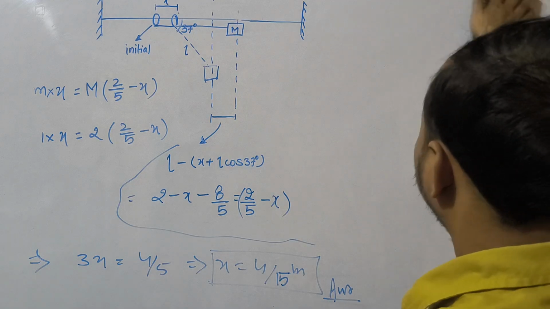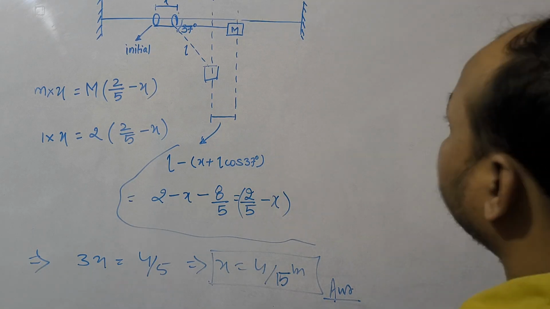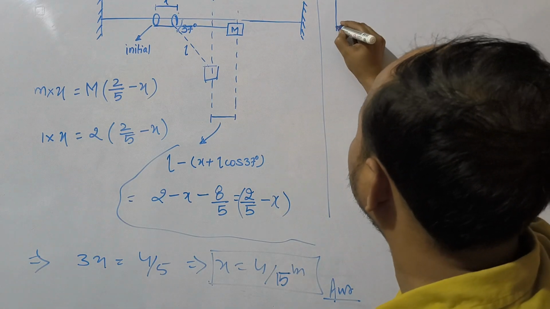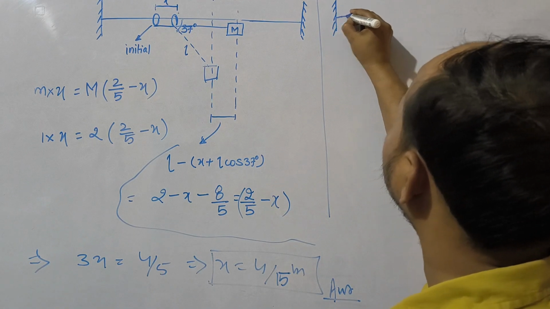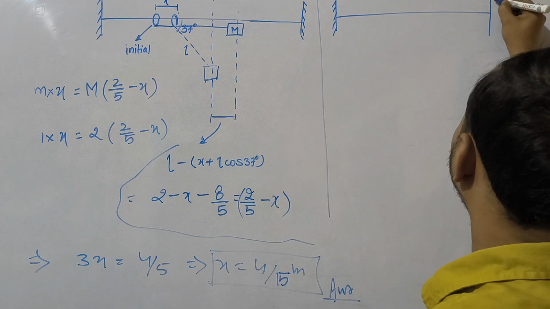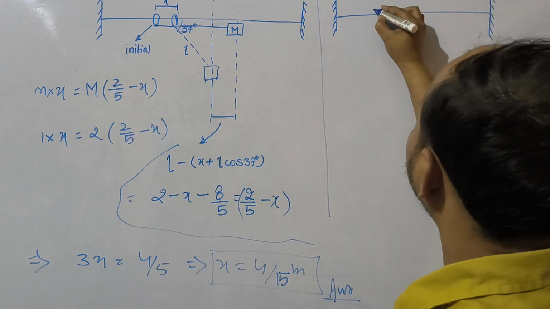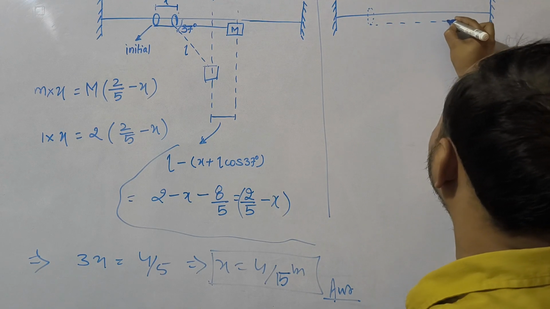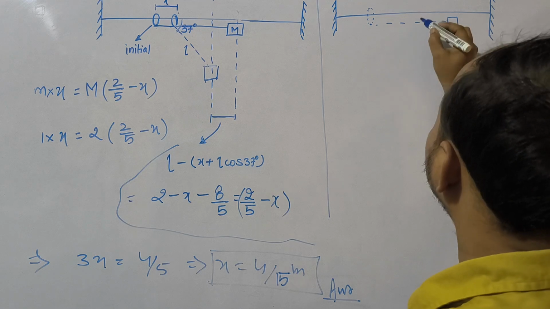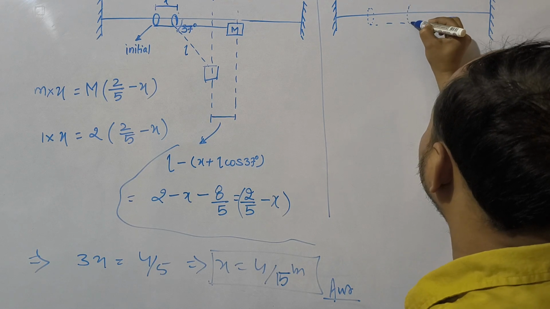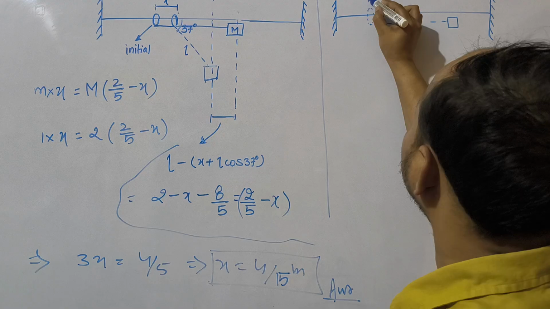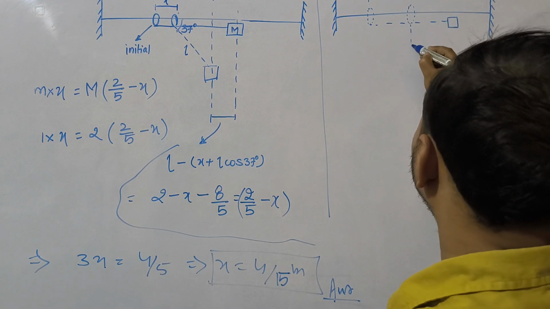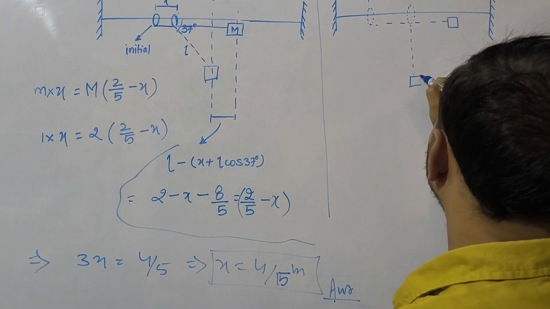Okay, so here let us write the second part of the question. When the string hangs vertically, let's say initially the string was in this situation, the block was here. Now let's say the bead has shifted to a distance x, and the block is hanging down to this position.